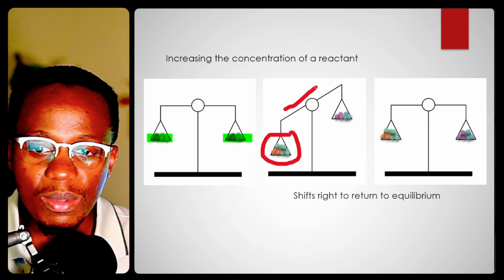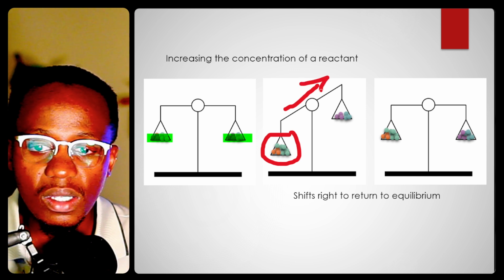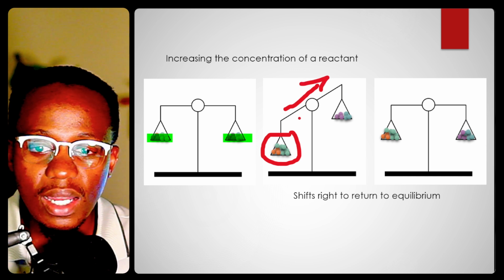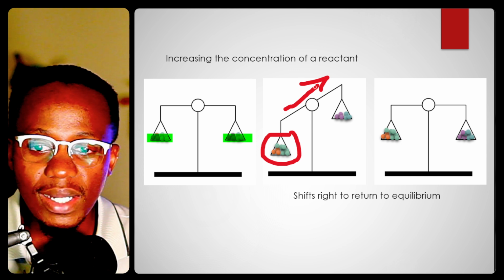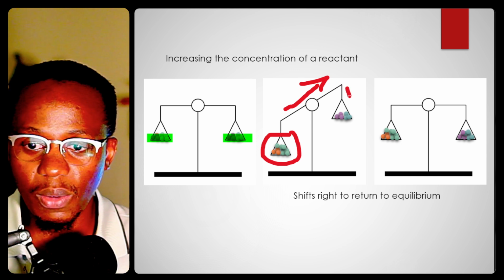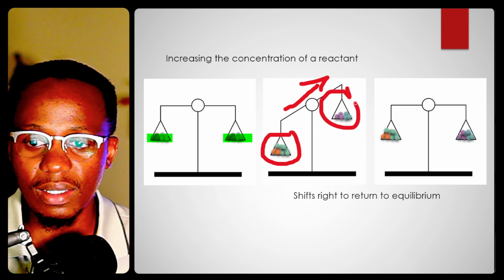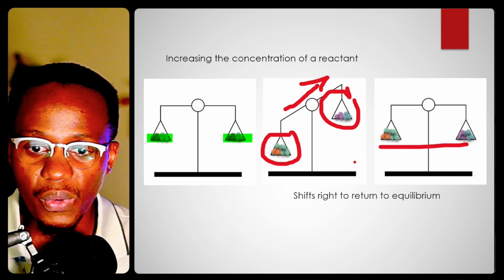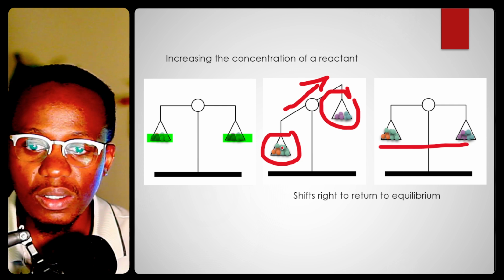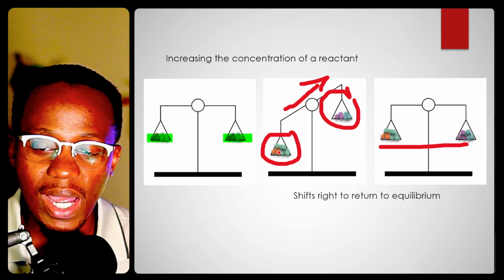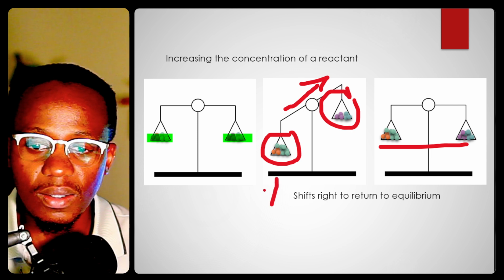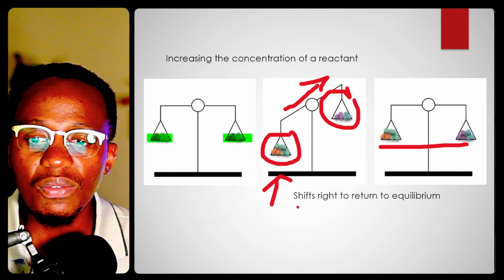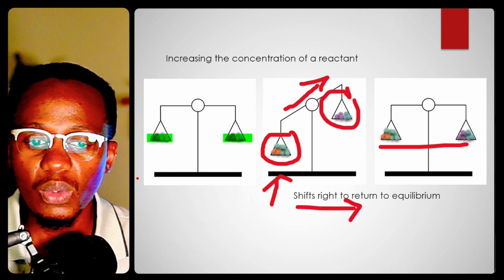The equilibrium is going to shift so that we can convert more, so that we are equal. So if you increase the concentration of the reactants, the equilibrium will shift to the right to equalize.